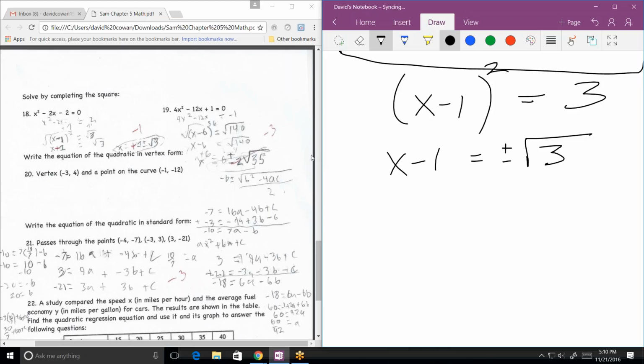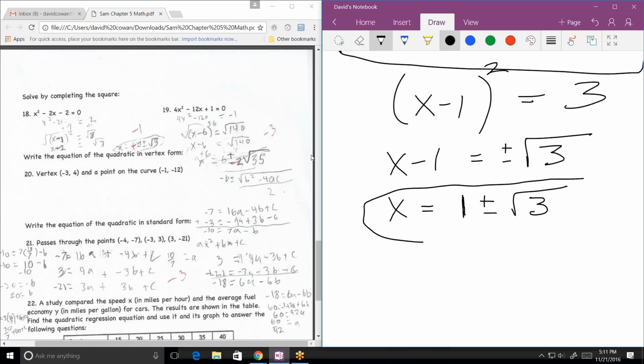I haven't solved for x yet. You just add 1 to both sides. Okay, and in this case I'm going to put the 1 in front because I want my answer to look like what it would look like had I used the quadratic formula, and that's always this, remember? So this is your answer.